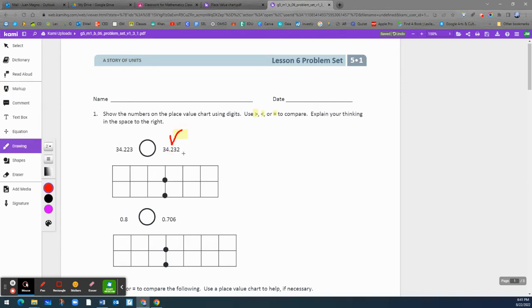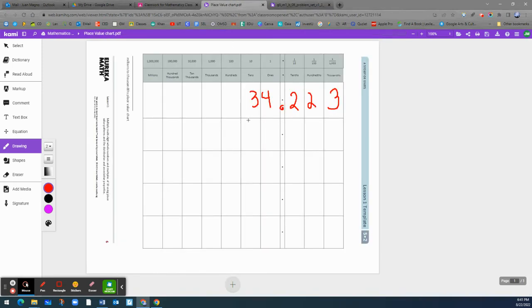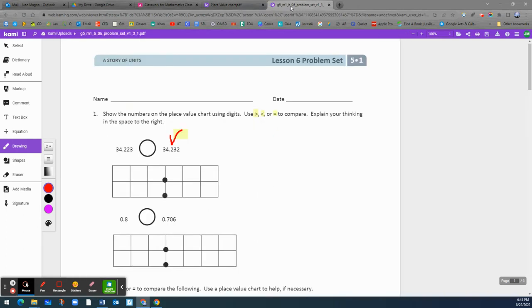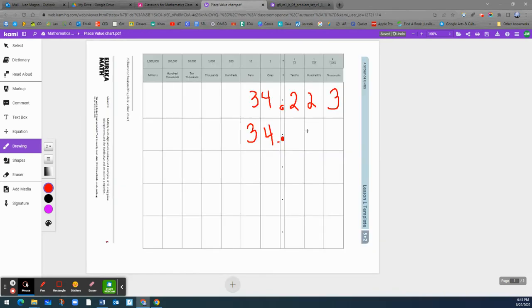This number, 34.232. Okay, so we're going to write this one here. And the decimal is, I believe, 232. When you use your place value chart, it's very easy to identify the one that is greater.